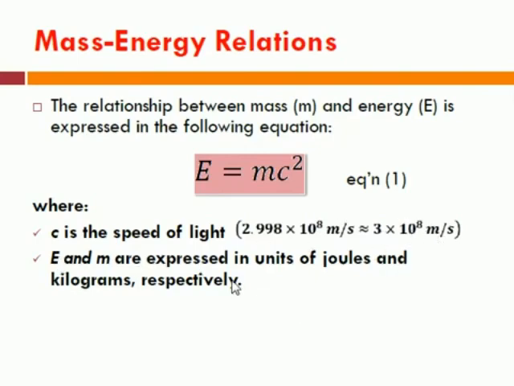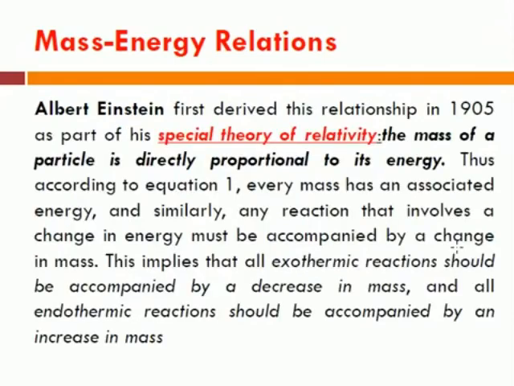E is expressed in units of joules and m in kilograms. So the unit of energy is joules, the unit of mass is kilogram, and c is in meters per second.